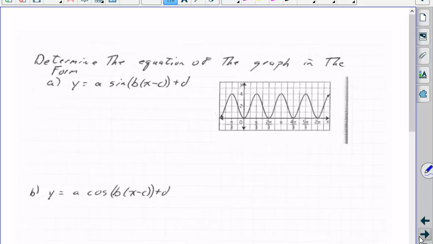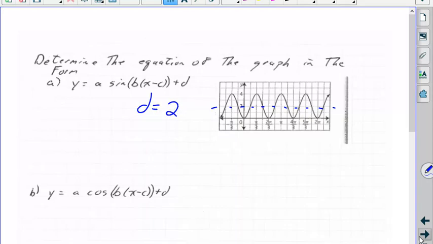So first thing I want to do, I'm going to draw the midline on this graph. I can see that the line y is equal to 2 falls directly between the maximum and the minimum. Therefore, d is equal to 2.